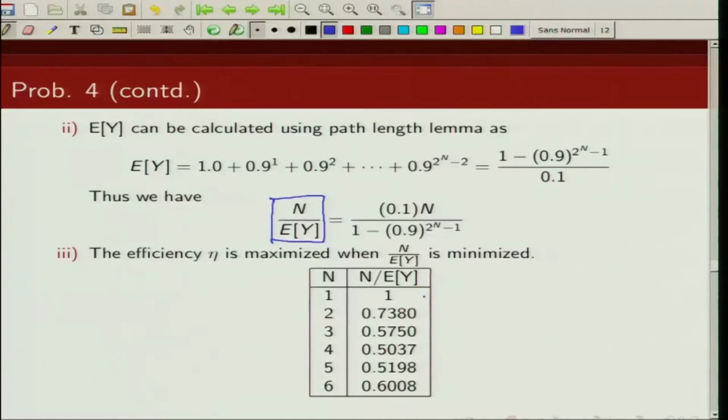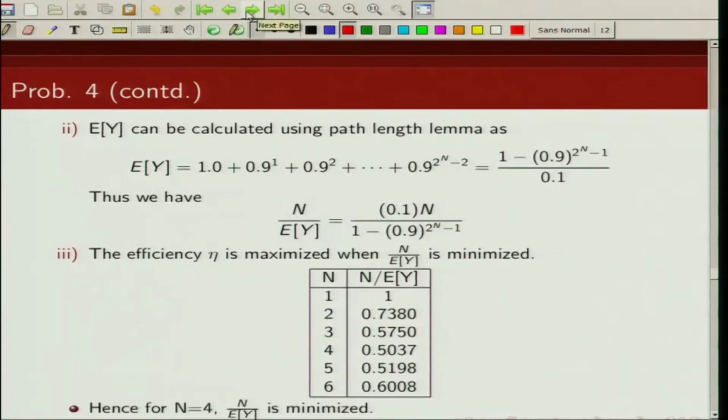I have written it here. For n equal to 1, this is 1. For n equal to 2, this comes out to be this. So, you can see this ratio is smallest for this quantity. So, in other words, we can say that for n equal to 4, this ratio of n divided by expected value of y is minimized. In other words, the efficiency is maximum for n equal to 4.